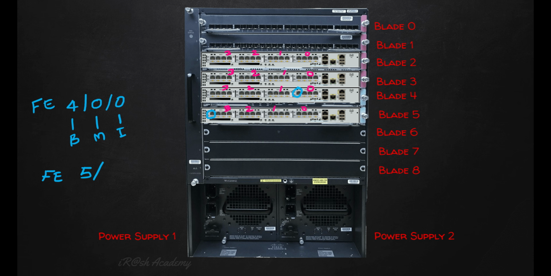It is a part of the third module, 0, 1, 2 and 3. So third module. And what is the interface number? 0. So here I mention 0. This is the blade number, this is the module number, and this is the interface number. So this is how we find the interface number from modular switches.